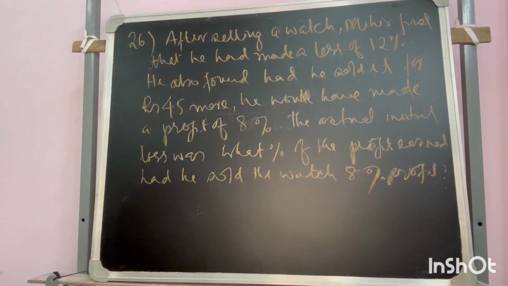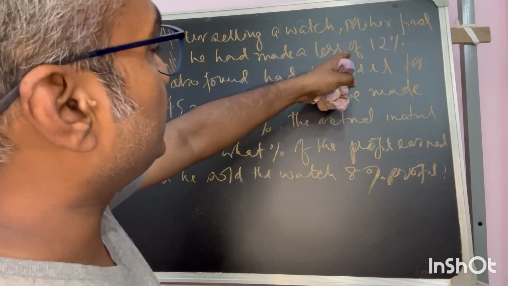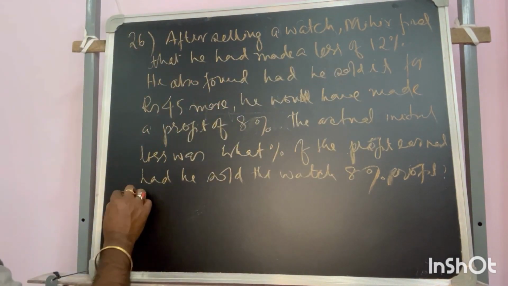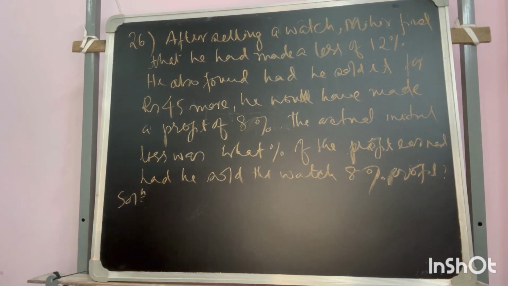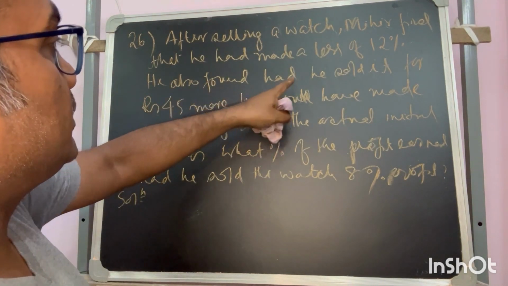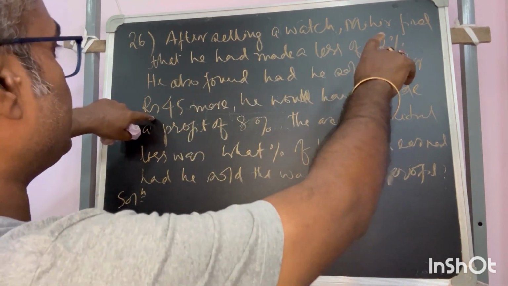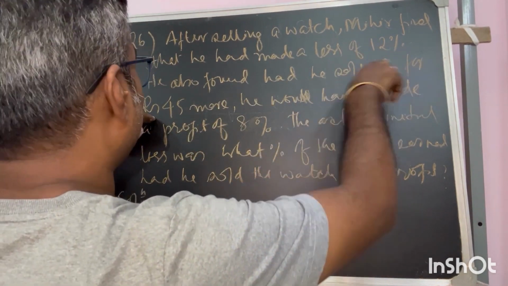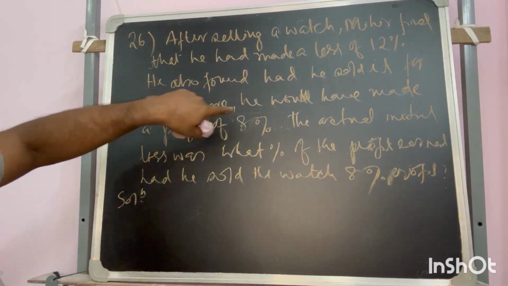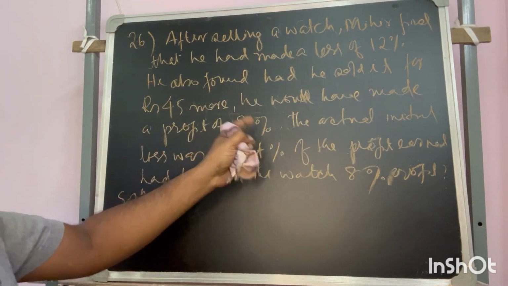So after selling a watch, Mihir found he had made a loss of 12%. He also found that if he had sold it for rupees 45 more, he would have made a profit of 8%.